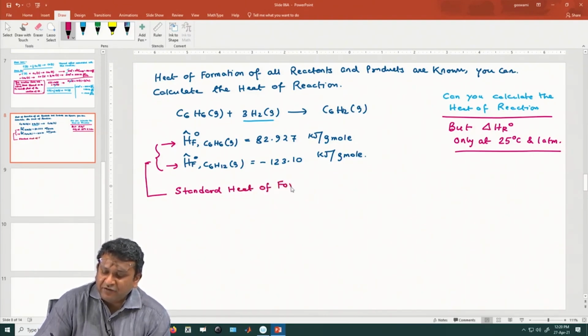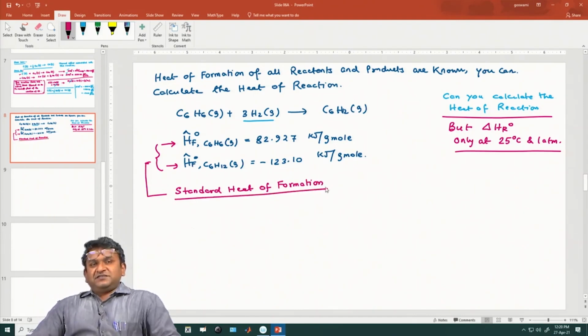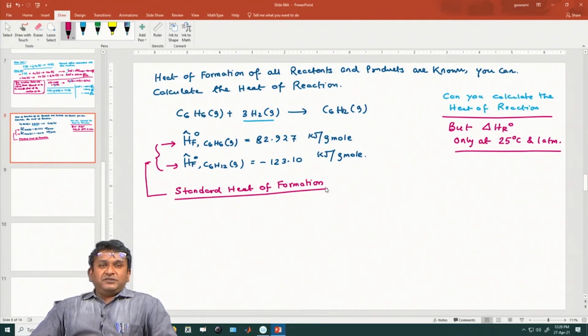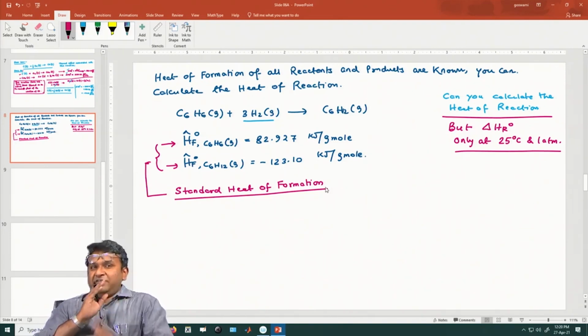This is standard heat of formation data, right. So, the heat of formation data you have is valid only at 25 degree centigrade and 1 atmospheric pressure. So, if somebody is very careful about pedagogy, and I ask can you calculate the heat of reaction, I have not specified the temperature and pressure.